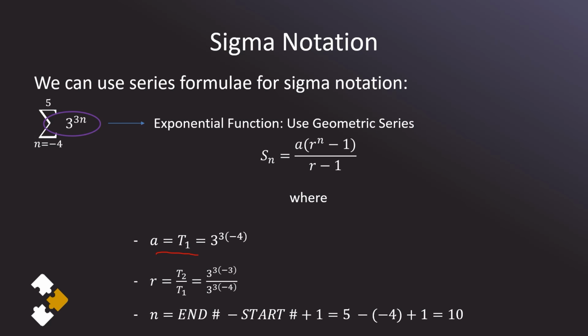Then r is given by T2 divided by T1. How do we find T2? We substitute the next value. If the first value there is -1, the next one will be n = -3 because we are going up to 5. Once we substitute this -3 into the function, we'll get T2. Then to find our r, we'll say T2 divided by T1. And n is the end point.